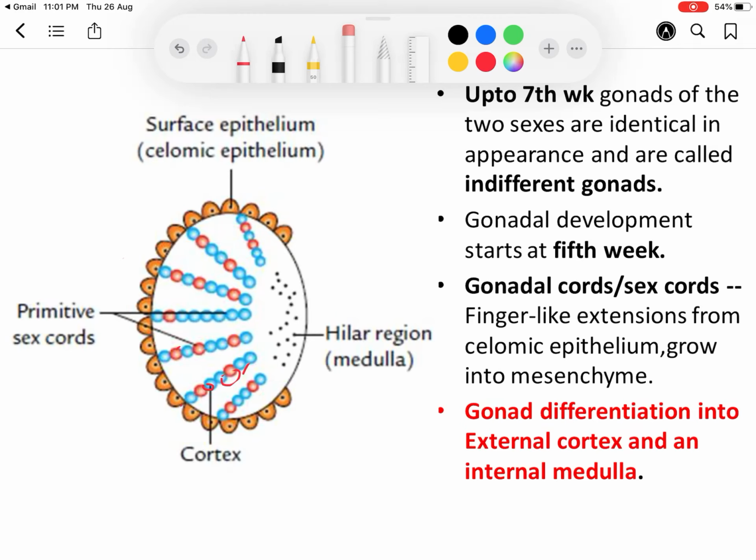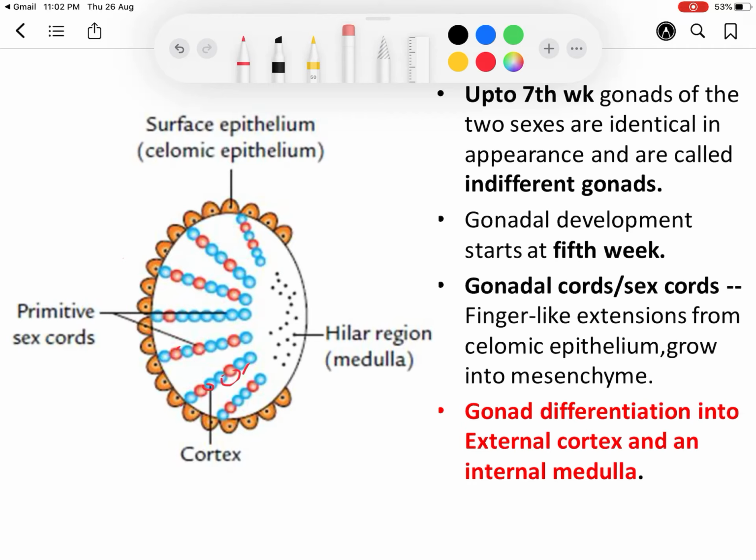We know that there is an indifferent gonad stage up to the 7th week of intrauterine life, where male and female are identical in appearance. So we can't differentiate whether it is a male gonad or a female gonad up to the 7th week. That's why this stage is called the indifferent gonad stage.